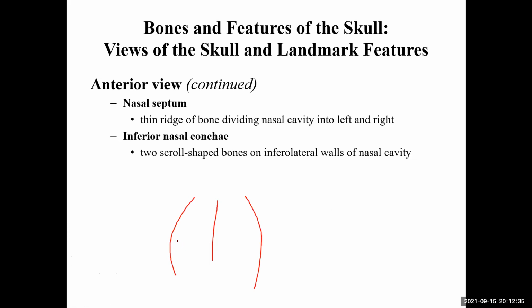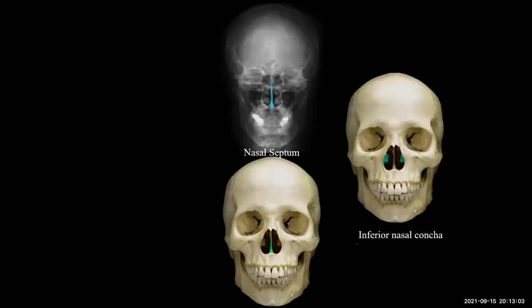And then coming off of those, you have these scroll-like bones here and here. Those are called the inferior nasal concha. Their job is to help create turbulence as you're breathing in. It helps to swirl the air around for several reasons. It helps to clean the air, humidify the air, and it helps you with smelling.